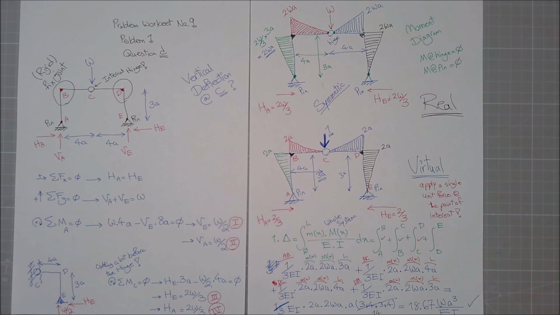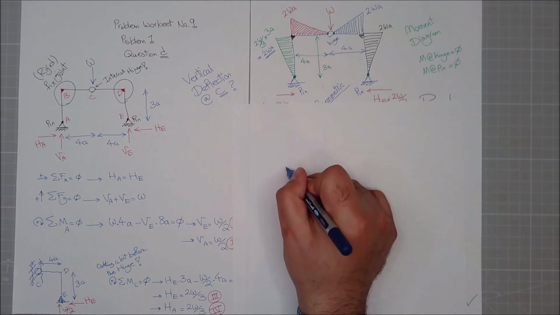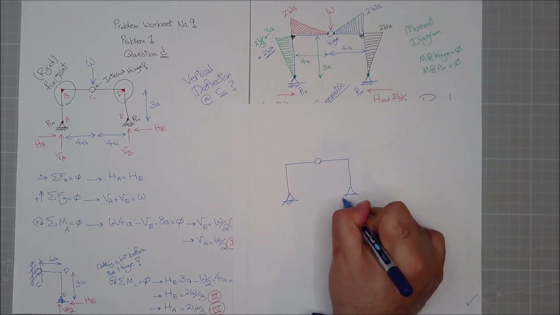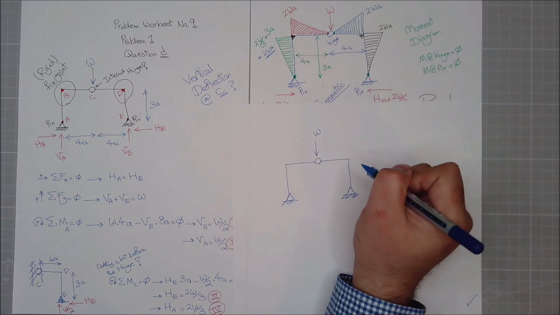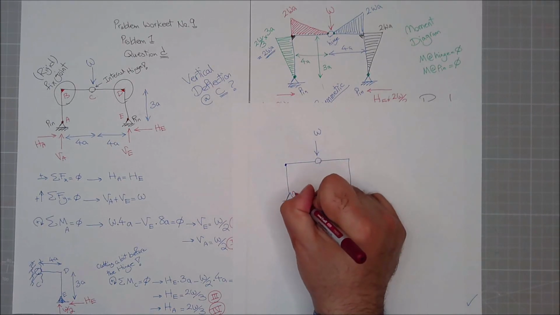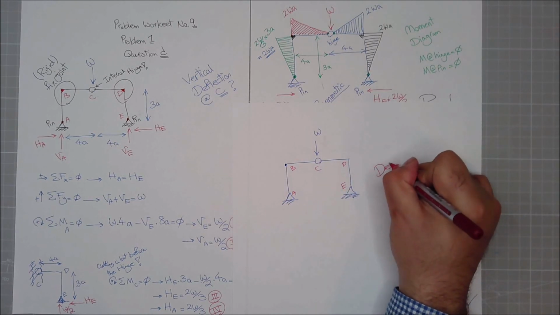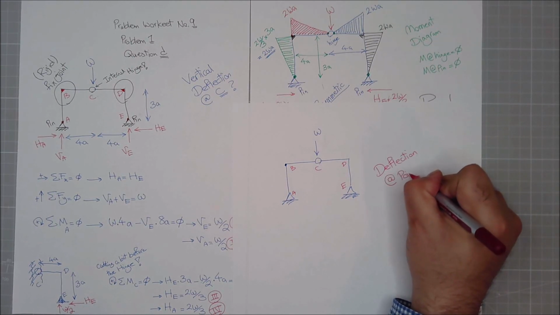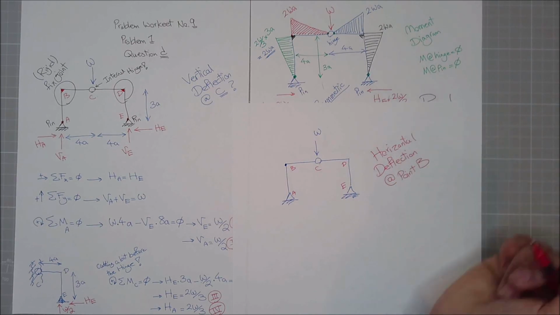Now imagine if we had the same situation. So I had a similar frame with 1W applied here, but I was interested in knowing the deflection, if this is A, B, C, D, E. I was interested in deflection at point B, but in horizontal direction.